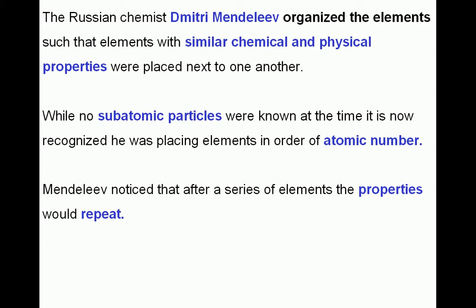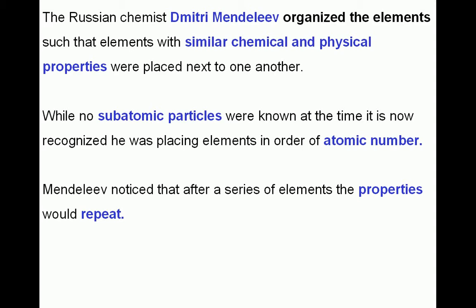And what Mendeleev noticed was that after a while, the properties of the elements would repeat. It wasn't just a long line of elements, but they would repeat in a periodic fashion. And this periodic repeating of the properties of elements, we now call that the periodic law. That is, the properties of elements periodically repeat.